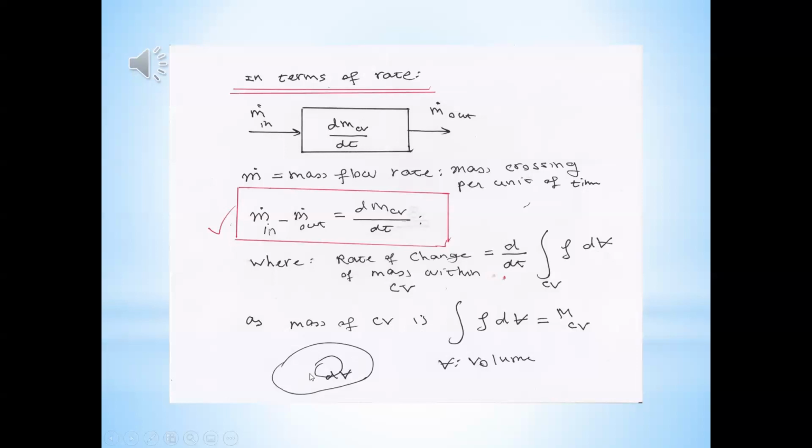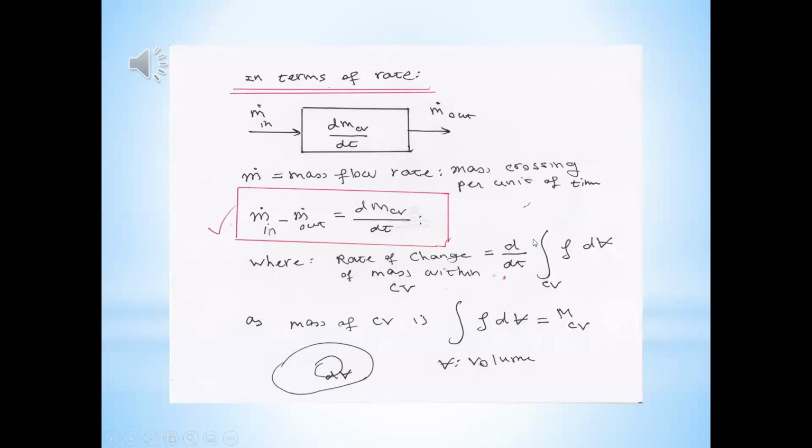So it's not like density is uniformly distributed and you just multiply density by the volume to get the mass. No. You have to divide the whole system into differential volumes and calculate differential mass for each, which is rho d volume, rho at this point times the volume. Then you take the integral over the whole control volume, and that gives you the mass of the system. And here is the rate of change of mass of the system.